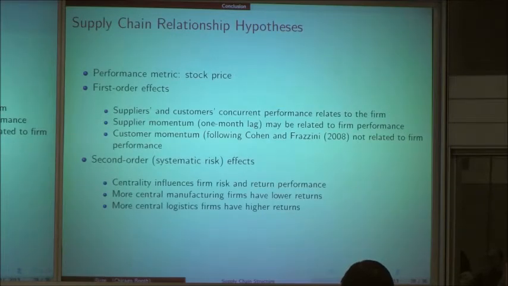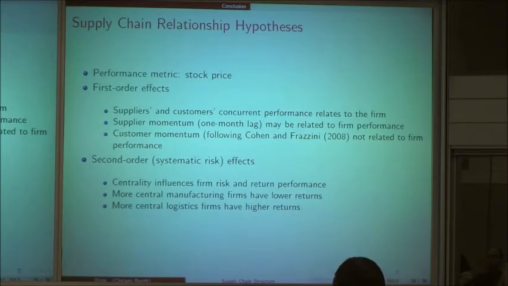So what I'm going to do is look at how firms influence each other, using the stock price of the firm. So this would be just for the public firms. For firms that trade and that have a stock price, I'm going to look at two kinds of effects. One is just the direct connections they have, just how they're connected to their suppliers, and one is how central they are in the overall network of firms.